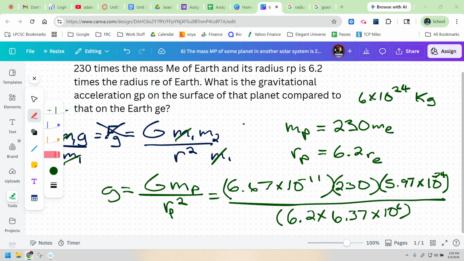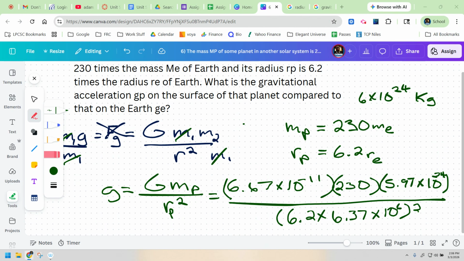6.37. Oh, this has got to be squared, you guys. What the heck, man? That's got to be squared, but that doesn't look like a 2. This has to be squared. Oh, no. Not now. Okay, let's try this again. 2. All right.